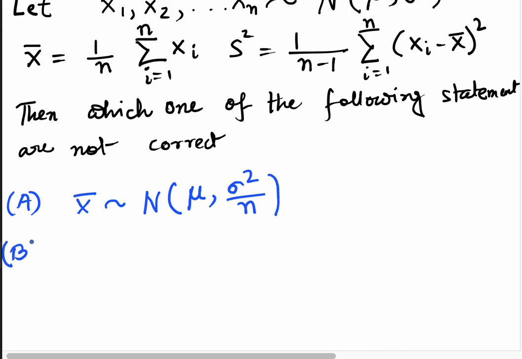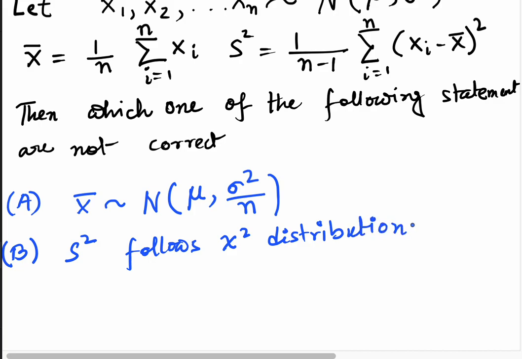B, s square follows a chi-square distribution with n degrees of freedom.